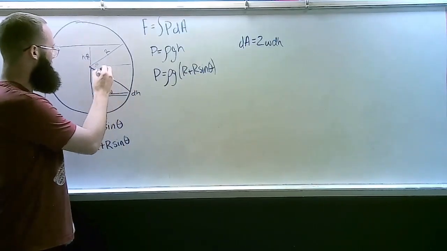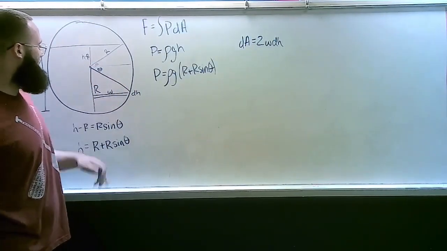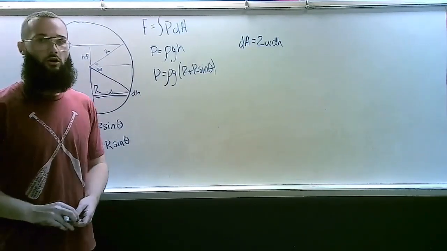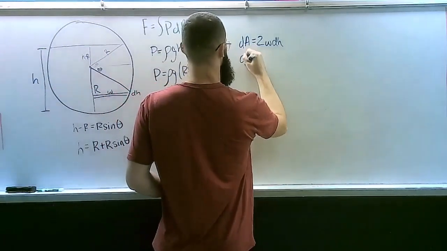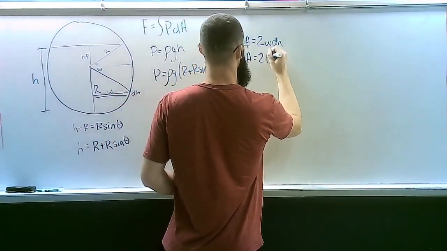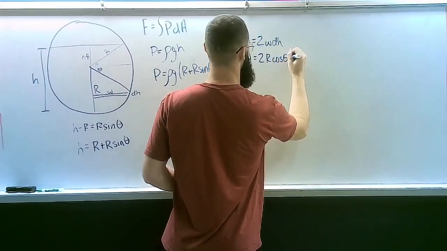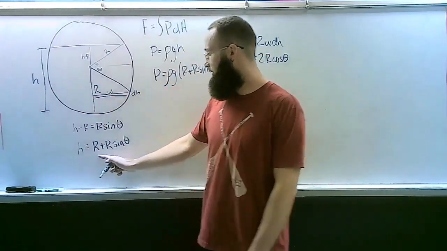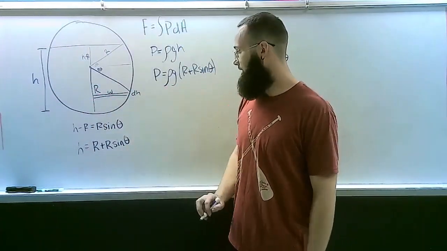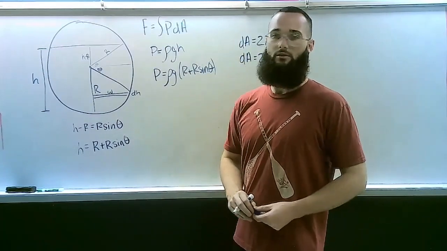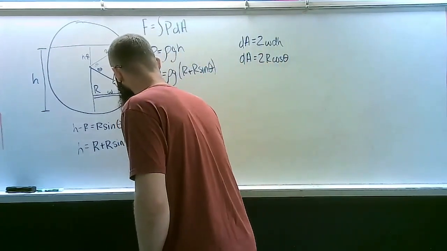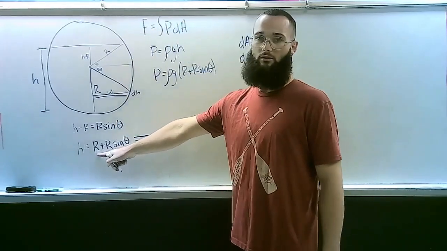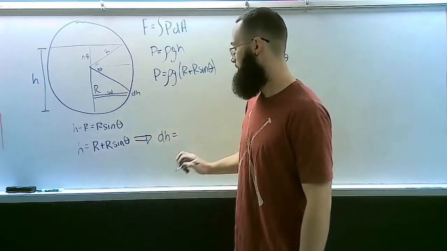And again, we can use trig functions to find this w. So because we know this is r, then we know that w is equal to r cosine theta. So dA is equal to 2r cosine theta. And now dh, because we already derived this equation for h, all we need to do is take a derivative of it to find dh. So this gives us dh is equal to, derivative of r is 0 because it's with respect to theta.